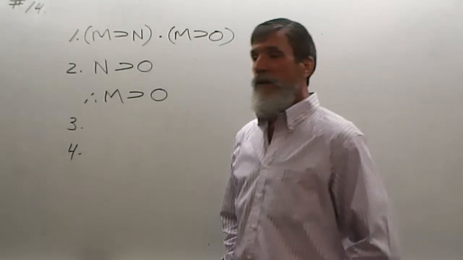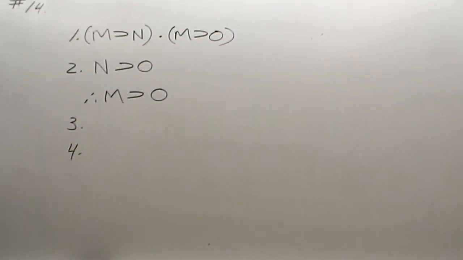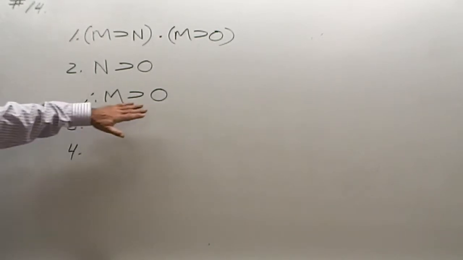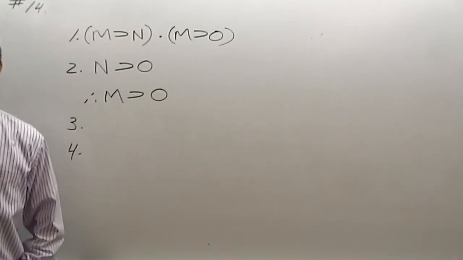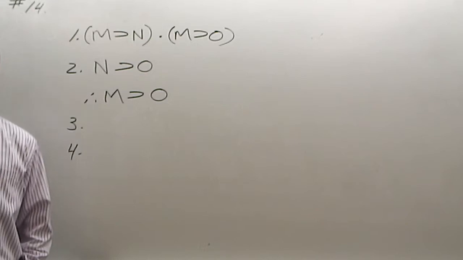There are two ways to create a horseshoe. What are they? Hypothetical syllogism and absorption. We can eliminate one of those because this cannot possibly be the conclusion of one of those two. And having eliminated it, then we'll know what the last step has to be. So which of those two can we eliminate?